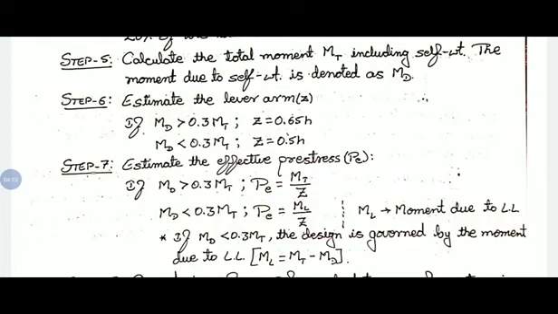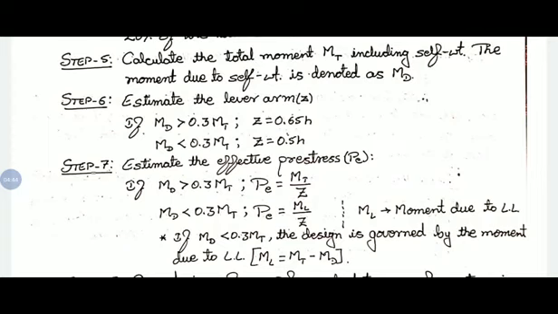Here h denotes the height, the depth of the section. Instead of h we can denote it as d. And if the dead load moment is less than 30% of the total moment, it is 0.5 times h or depth.